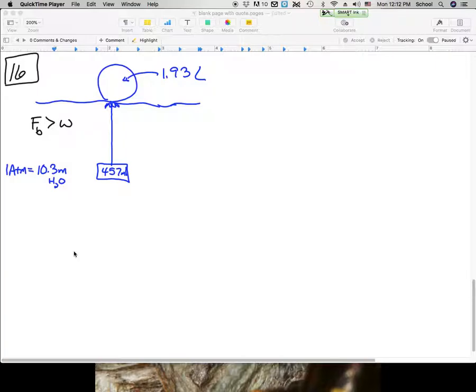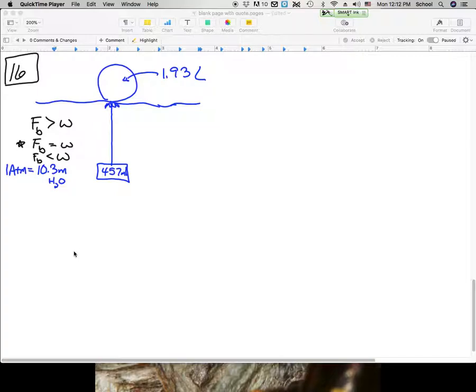Eventually, there should be a point where the buoyant force is equal to the weight, and if we go any farther down from there, then the buoyant force will be smaller than the weight, and it will sink forever. So what we want to do really is find out this depth. If we go any farther than that, it's going to sink. Does this make sense?